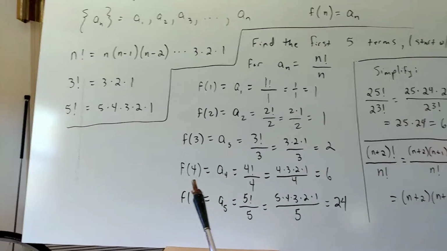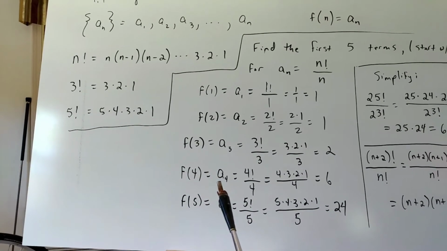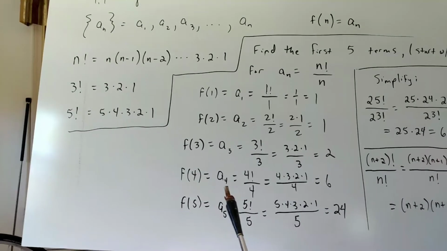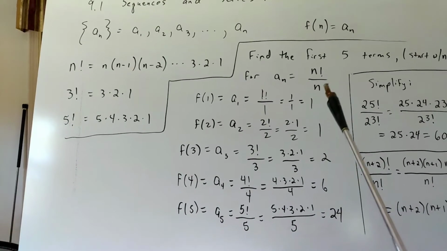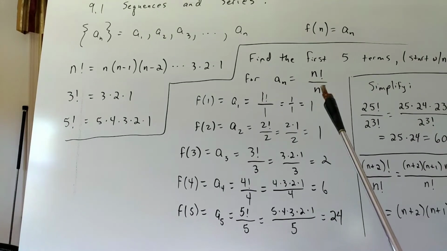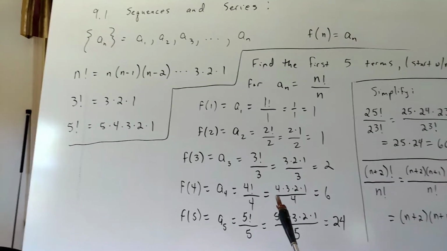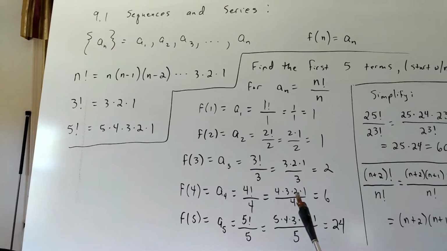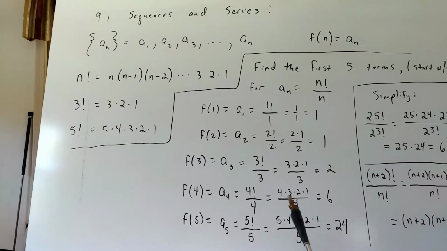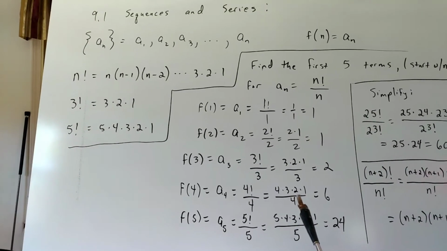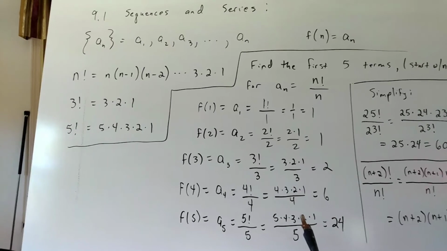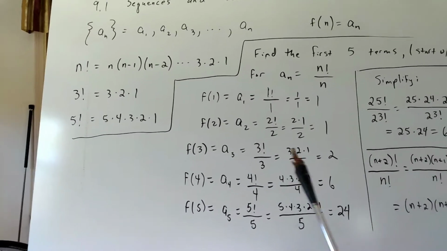The fourth term, f of 4, is found, which is equal to a sub 4. Using this notation for this particular sequence, that will equal 4 factorial over 4. 4 factorial is equal to 4 times 3 times 2 times 1 over 4. The 4's cancel, leaving 3 times 2 times 1, which is 6. The fourth term is 6.